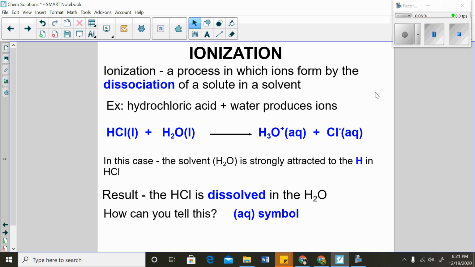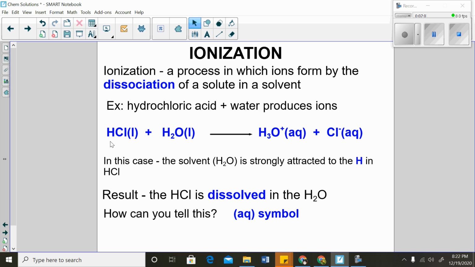Look at a strong electrolyte like hydrochloric acid, HCl. If it's being added to water, look what happens. This reaction produces the ions H3O+ and Cl-. It says aqueous and aqueous because they are dissolved in water. In this case, the solvent H2O is strongly attracted to the H in HCl and breaks it apart.